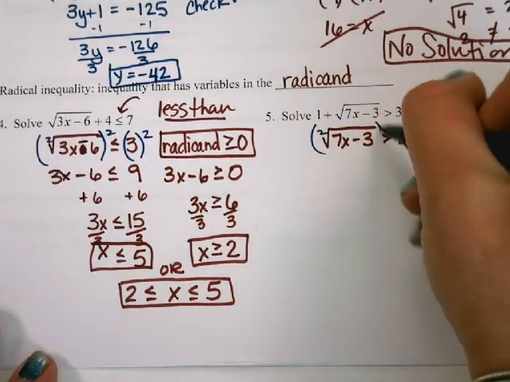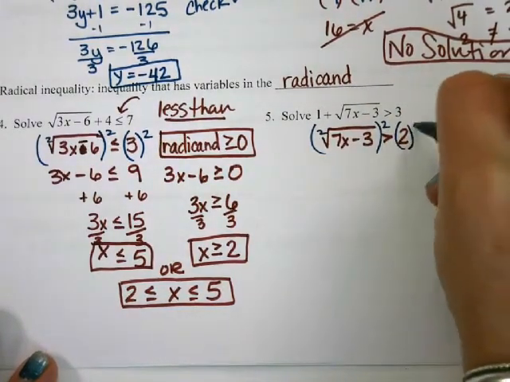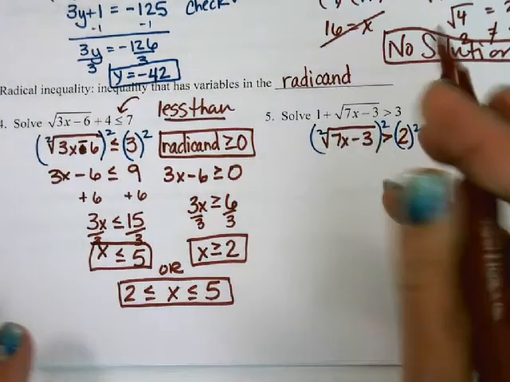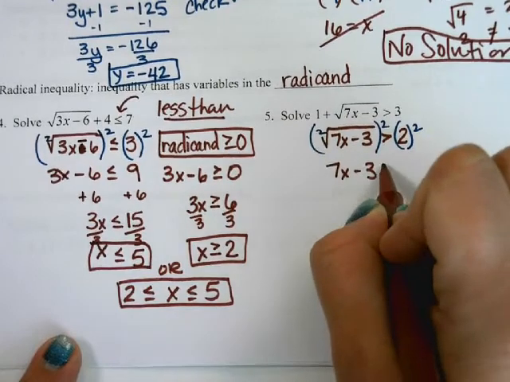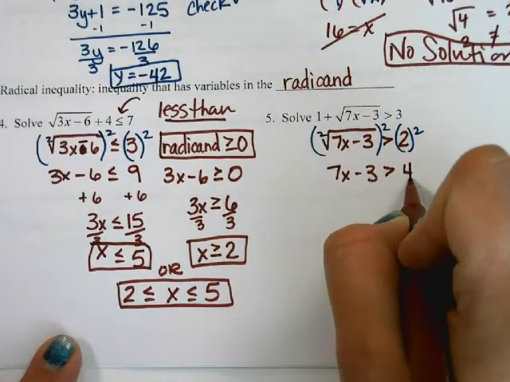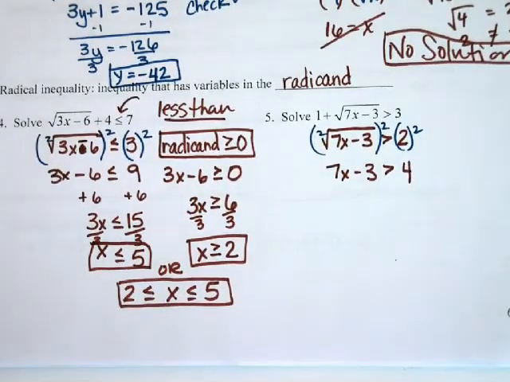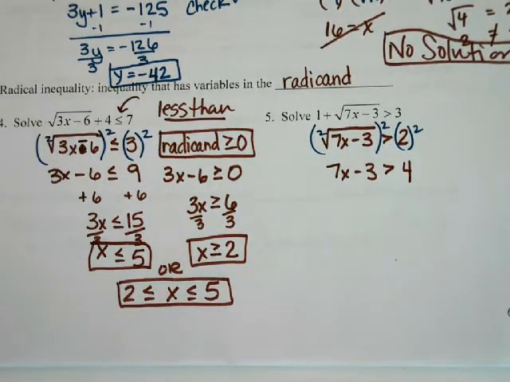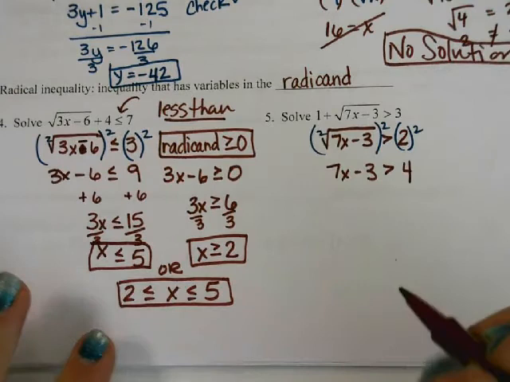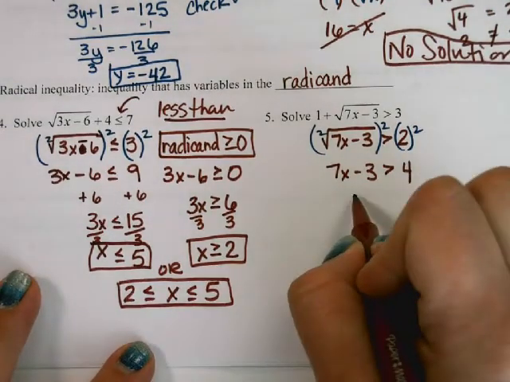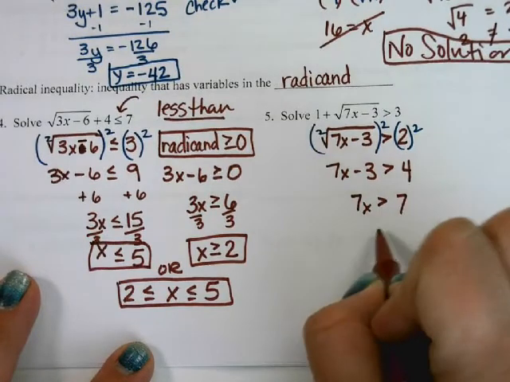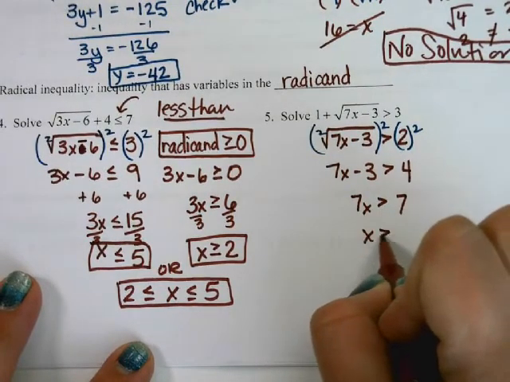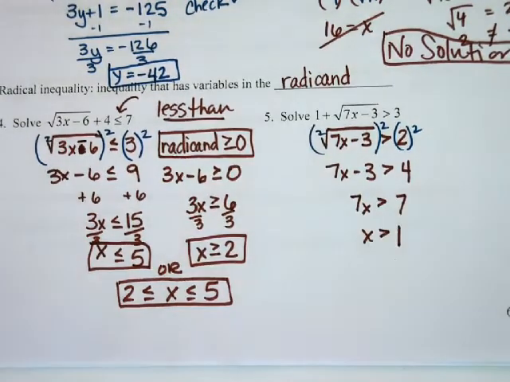So if I want to undo it, I'm going to square both sides. So 7x minus 3 is greater than 4. Let's add 3. So 7x is greater than 7. And divide by 7, so x is greater than 1.